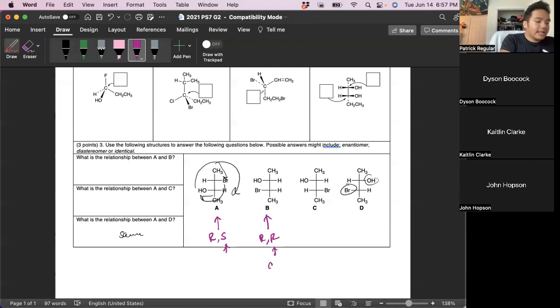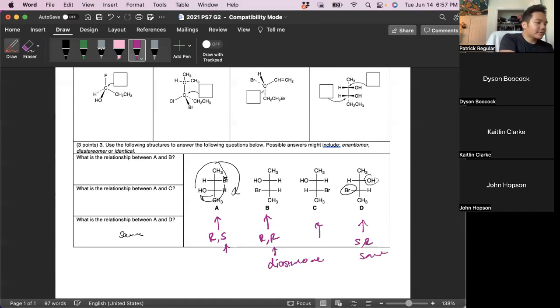So that would be a diastereomer, because diastereomers is if there are two or more stereocenters and one of them is different from your frame of reference. However, if this one hypothetically was SR, that would be the same.